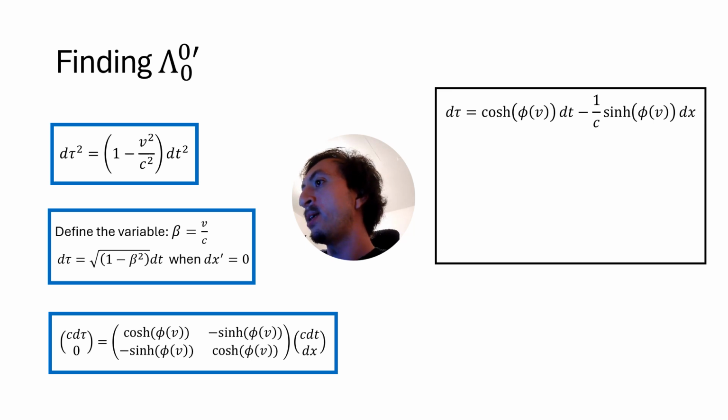And if we try to get d tau in terms of the components of forward position from the stationary observer's perspective, we end up with this expression. So that's just pure maths, if you like.